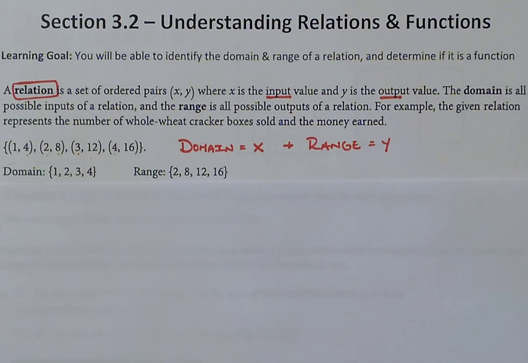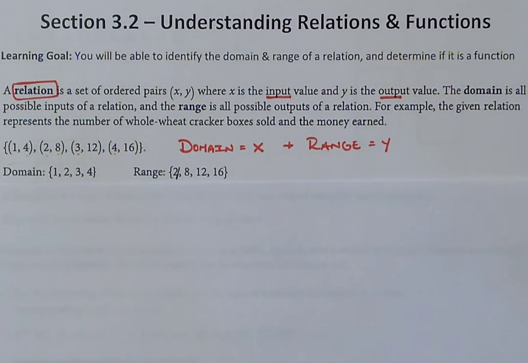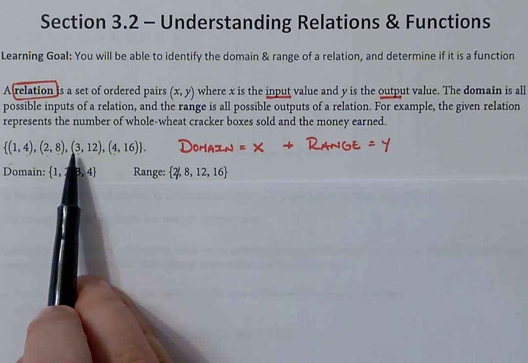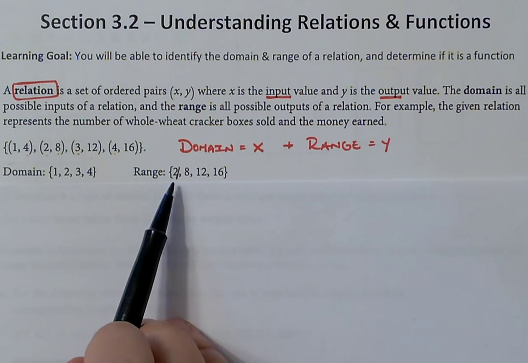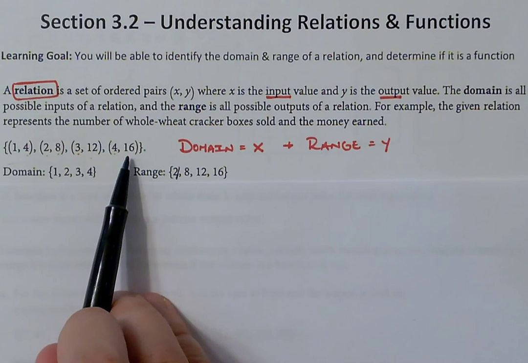And it looks like there's a slight typo there, because I have it as 2, but this should be a 4. So my domain is 1, 2, 3, 4, because 1, 2, 3, 4. My range is 4, 8, 12, 16, so 4, 8, 12, and 16.